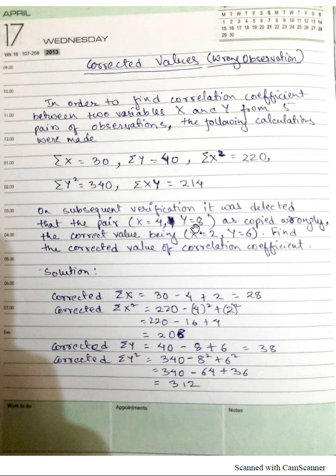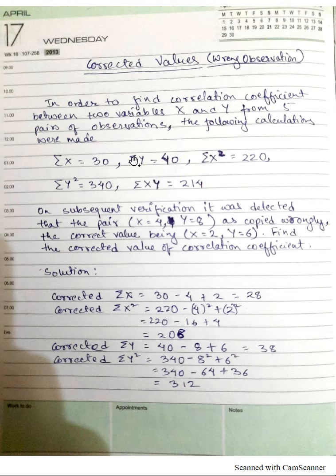So one value of x was wrongly recorded as 4 and the corresponding value of y was wrongly recorded as 8. The correct value of x instead of 4 should have been 2 and the correct value of y instead of 8 should have been 6. So you need to find the corrected value of correlation coefficient. Let us move on to the solution.